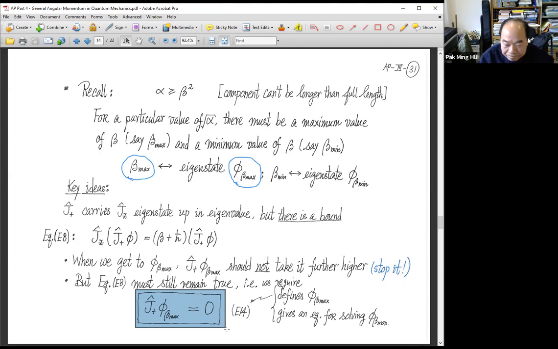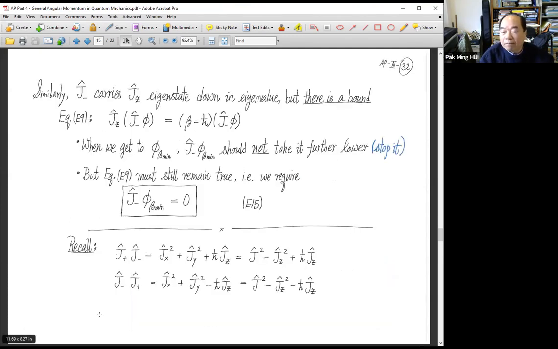All right. Now, similarly, we can cut off the lower one. So you have a maximum Z component, then you have a minimum Z component. J minus keeps on decreasing the eigenvalue. We don't want it to go non-stop. That will be wrong because it will be longer than the vector itself.